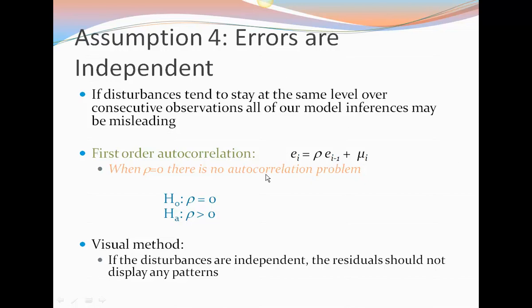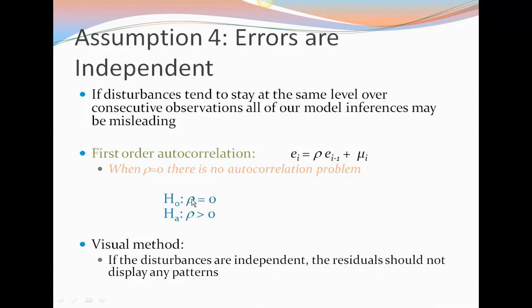And if we find that that's true, then there is autocorrelation and there is a problem. Now, this is first order autocorrelation because it's referring back to the previous error. It would be second order autocorrelation if it referred back to 2 errors beforehand, or third order if it referred back to 3 errors beforehand, and so on and so forth.